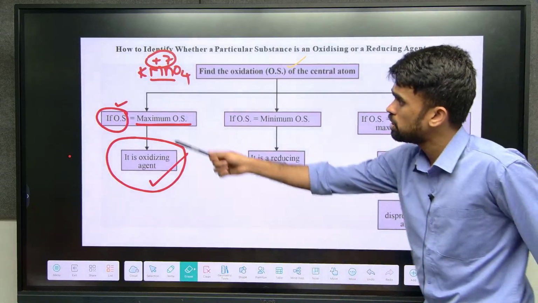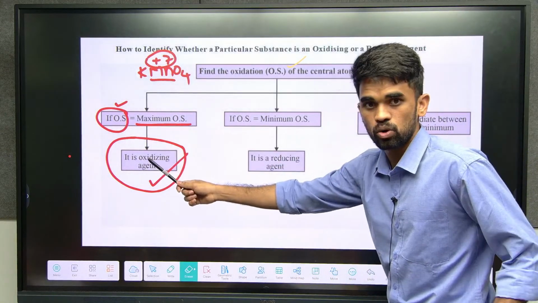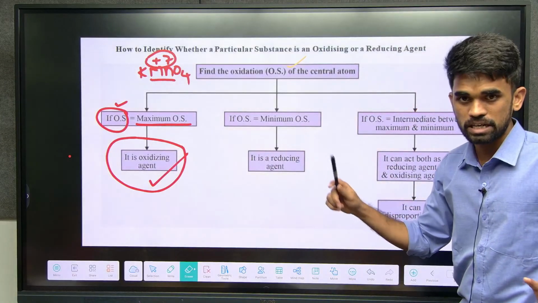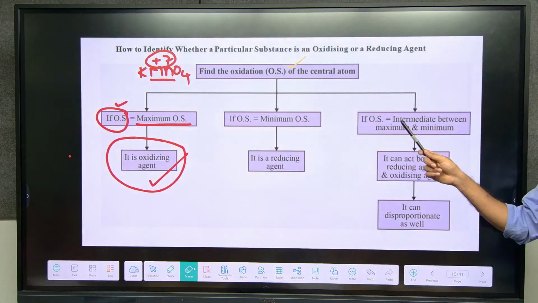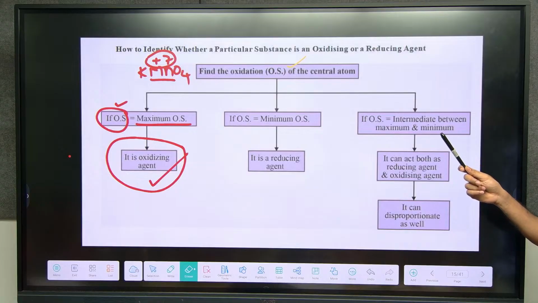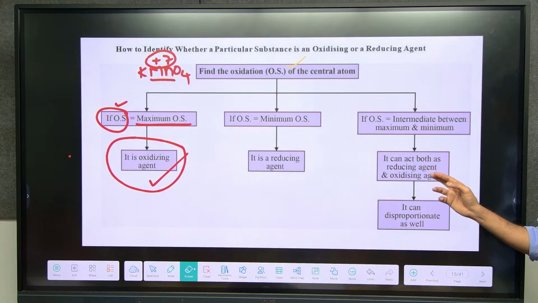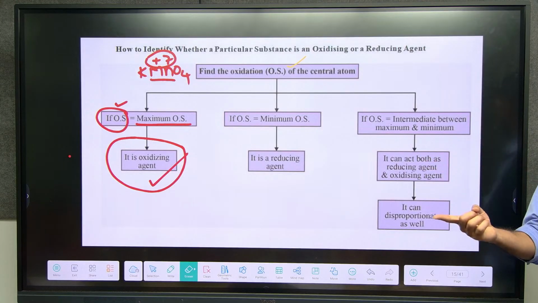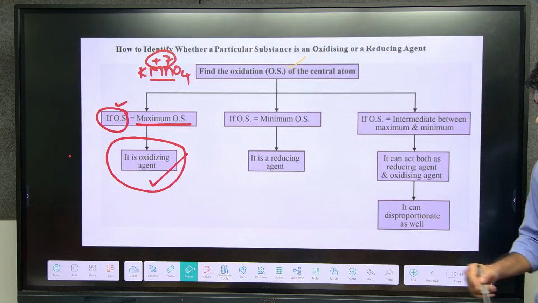If the oxidation state is intermediate between maximum and minimum, it can do both oxidation as well as reduction.